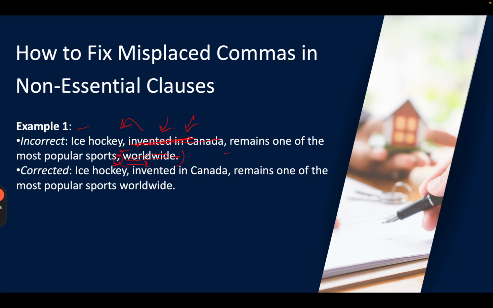It remains one of the most popular sports worldwide, not just as per a country or a particular region. So that's quite essential for the meaning of the sentence, right? Which means I cannot place this comma before worldwide. This is essential information. This is how you have to correct the misplaced commas when it comes to non-essential clauses. Meaning is completely important to understand, to know what part of the sentence is essential or non-essential. Now you saw this sentence where they used a comma before worldwide, right?